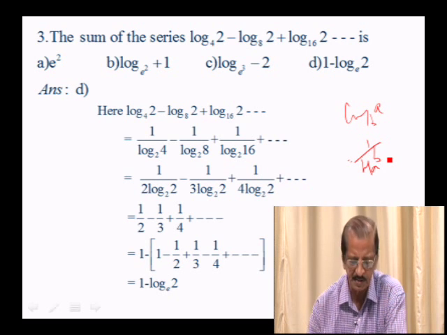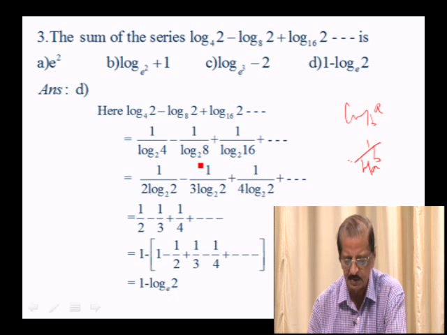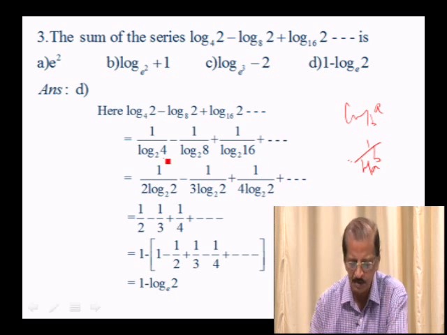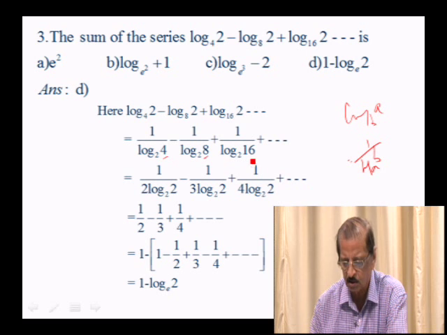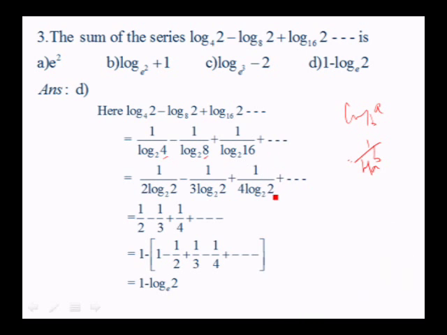So I write the first term as 1 over log 4 to the base 2, the second term as 1 over log 8 to the base 2, third term as 1 over log 16 to the base 2, etc. But log 4 to the base 2 is log 2 square to the base 2, which can be written as 2 log 2. This is log 2 cube to the base 2, which can be written as 3 log 2. This is log 16, that is log 2 to the power of 4 to the base 2, 4 log 2 to the base 2. But log a to the base a is always 1. So log 2 to the base 2 is 1, log 2 to the base 2 is 1, log 2 to the base 2 is 1.